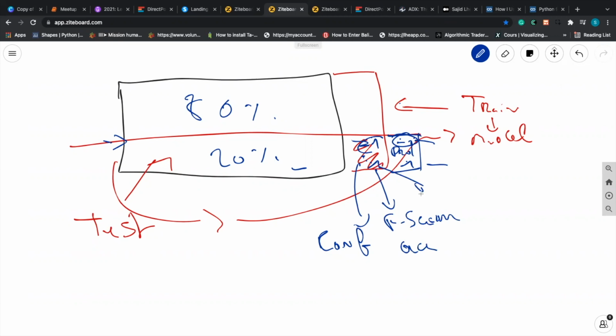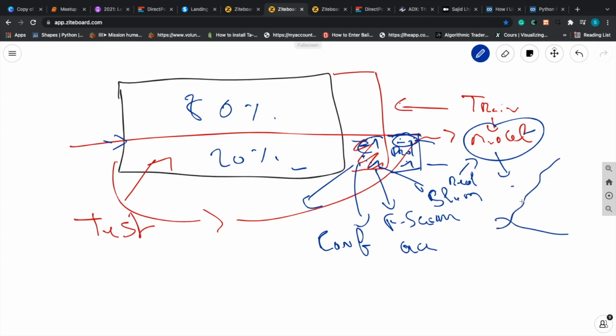You're also going to have the Sharpe ratio, and most importantly, you are going to give this predictive model real market data with that prediction, and let the model trade, and you will see if the model trades well, or if it just made wrong trades.